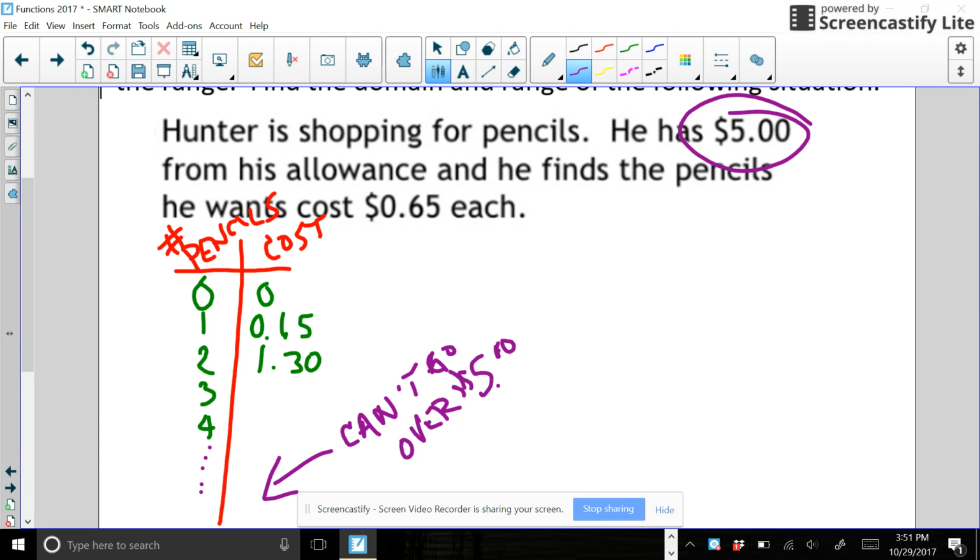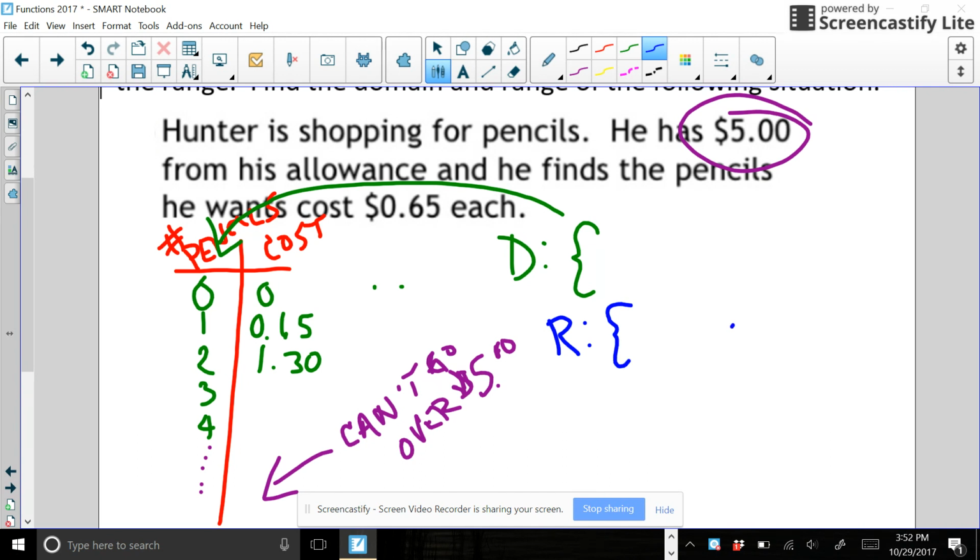Okay, so I'm going to give you a couple minutes to go ahead and finish your table until you get as high as you can go without going over $5. And then when you're done with that, you're simply going to list your domain. That's going to be all the numbers coming down the left-hand side of your table. And then your range is going to be all the numbers you get without passing up $5 on the right-hand side of your table.